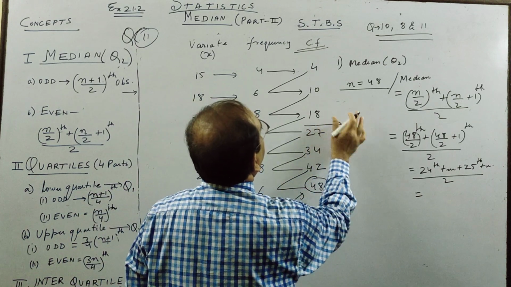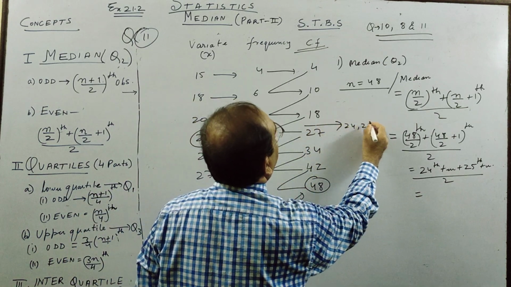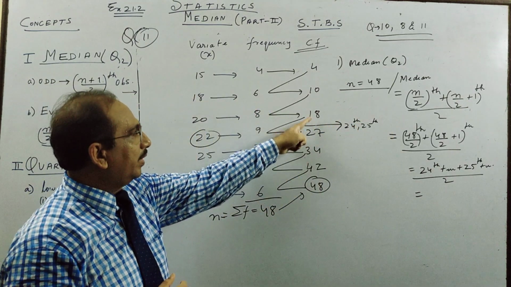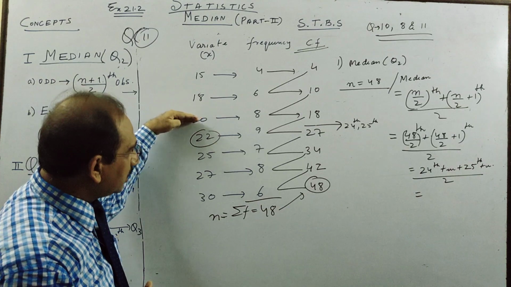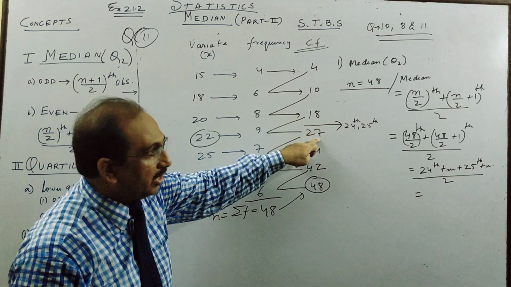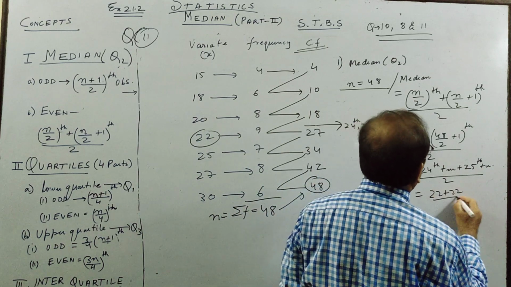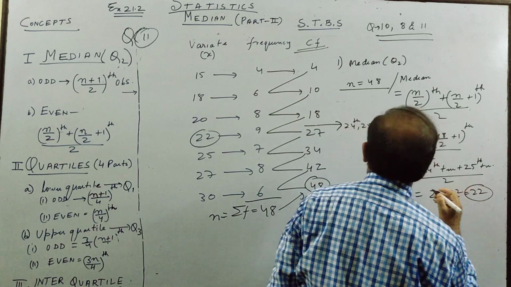So here 24th and 25th terms will be between the 18th and 27th cumulative frequency. So don't take the lower value, this is between these two cumulative frequencies. Take the upper value. So 22 plus 22 by 2, we get 22.